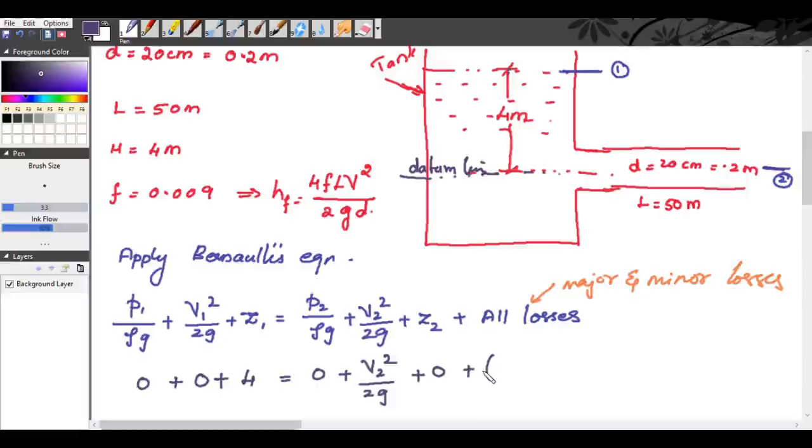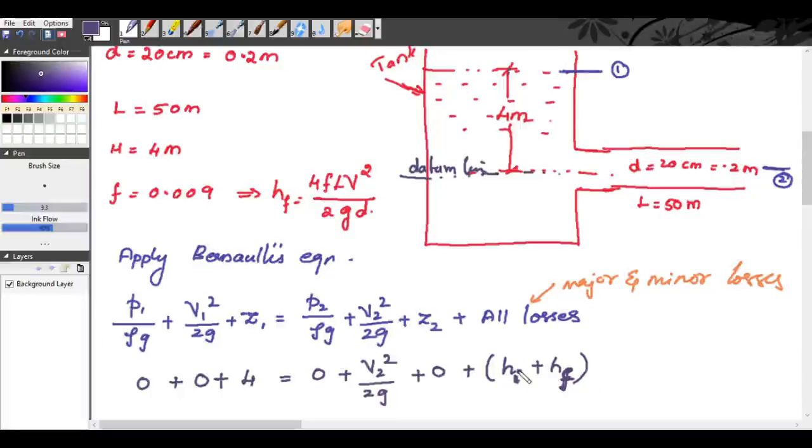So, what are the losses? There is an entrance, right? Entrance of the pipe. So, it is HI, the minor loss, plus HF, the major loss.